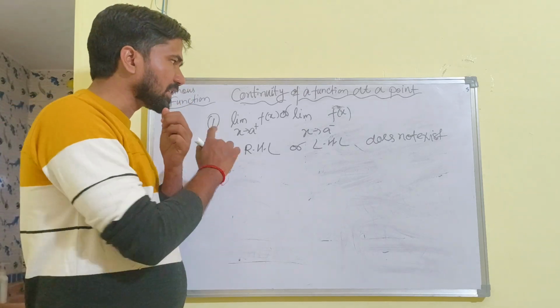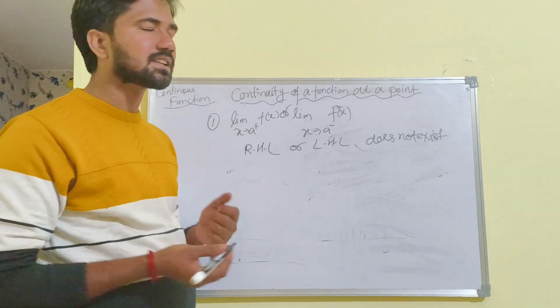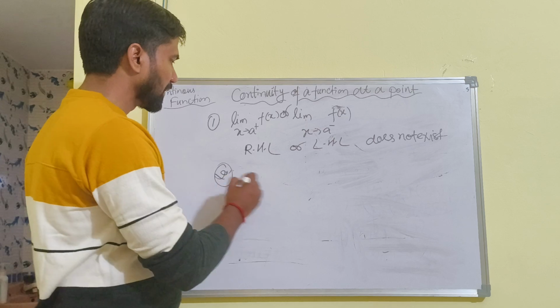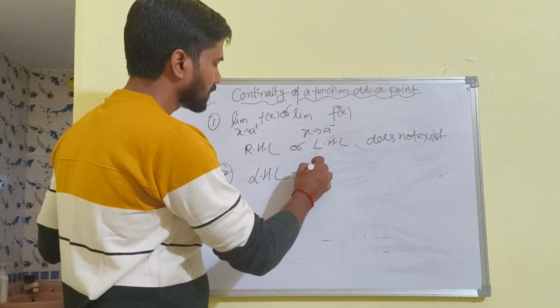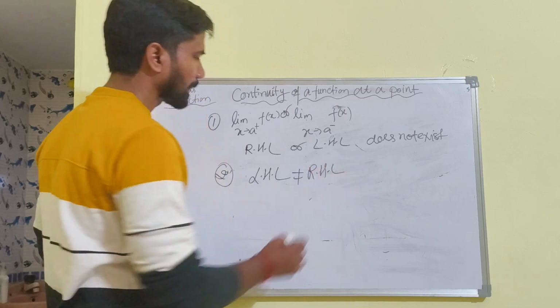First case is that the left hand limit or right hand limit does not exist. Second case, maybe the left hand limit is not equal to the right hand limit.